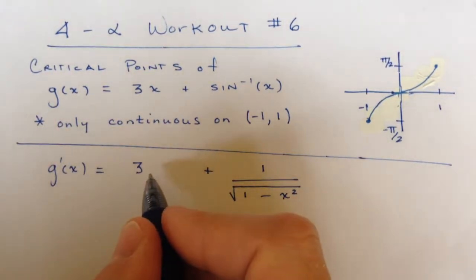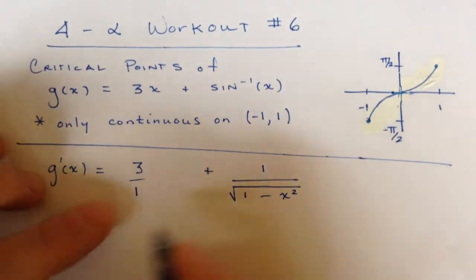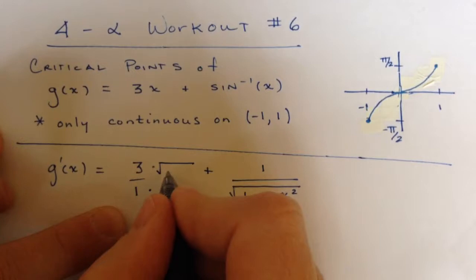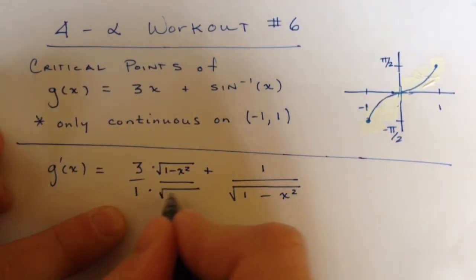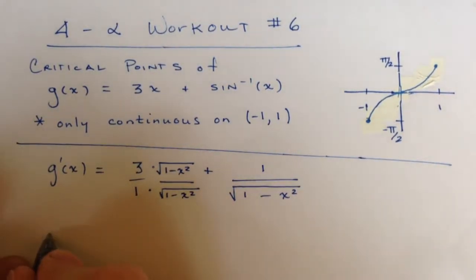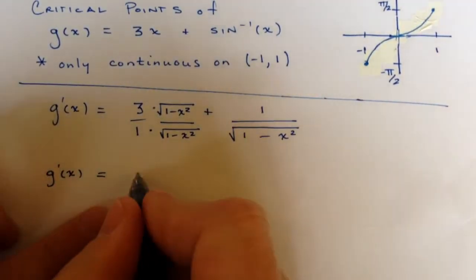So I'm going to take this 3 and think of it as 3 over 1, so it's also a fraction. Then I'm going to multiply it by a creative 1, and that creative 1 is this over this. When we do that, our expression looks like so.